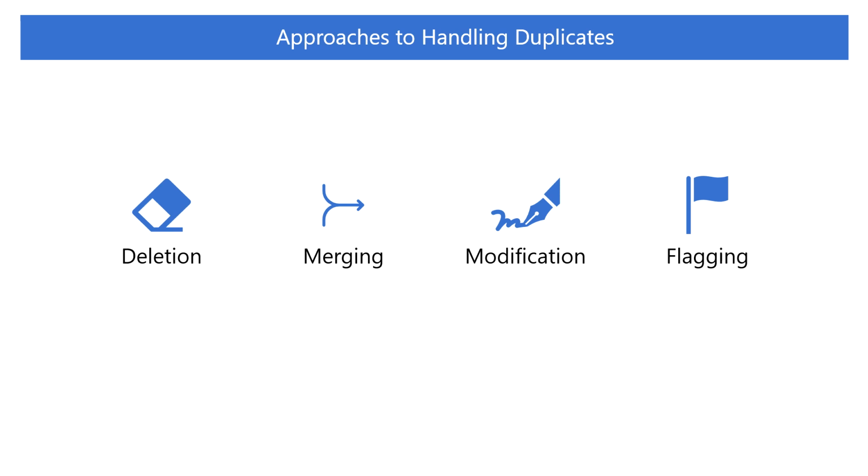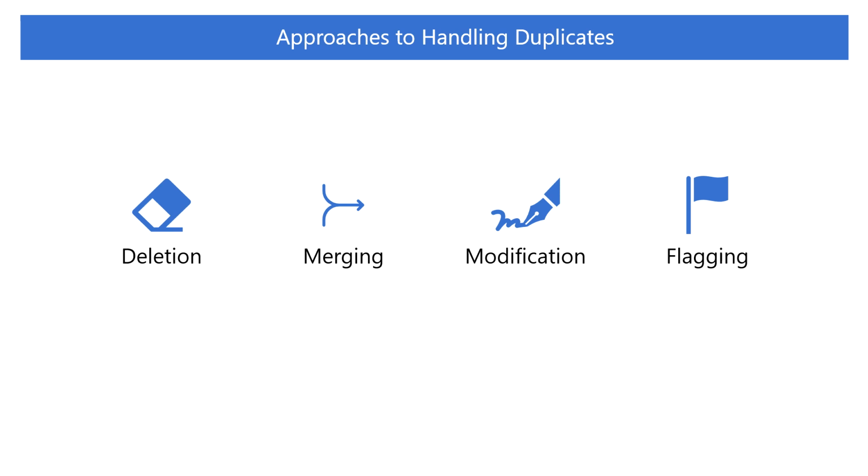Data de-duplication is an essential step in data preprocessing, particularly when working with large datasets, where redundant or conflicting records may distort analytical results. Once duplicate records have been detected, we can use various strategies to handle them.